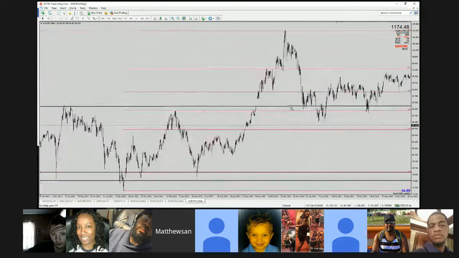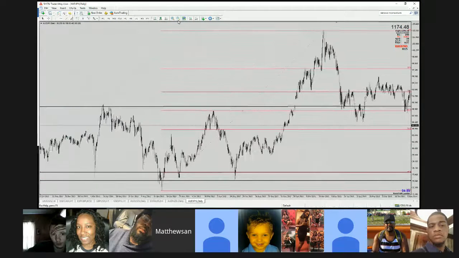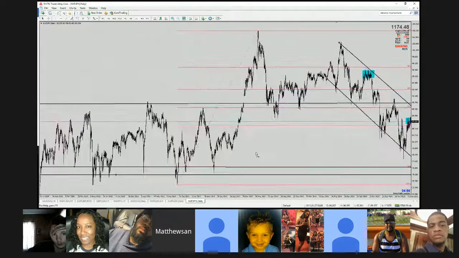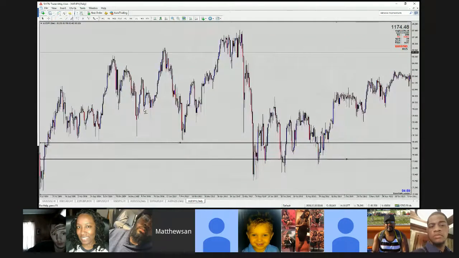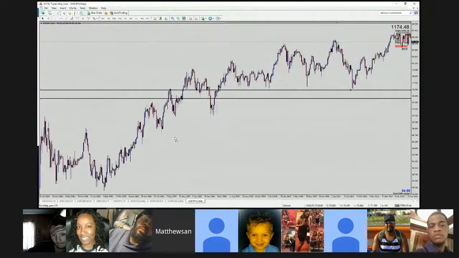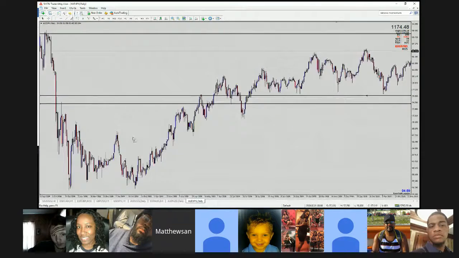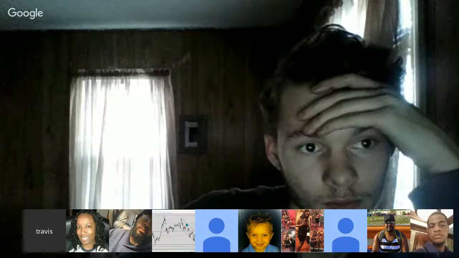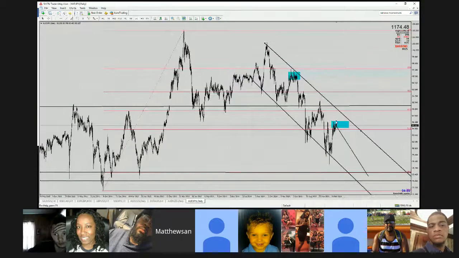Looks like we're going to see this come to the 88.8% on the Fibonacci. But what I got out of it was definitely going down. Yeah, it's definitely going to come down. It's going to come back down to this area at the very least.